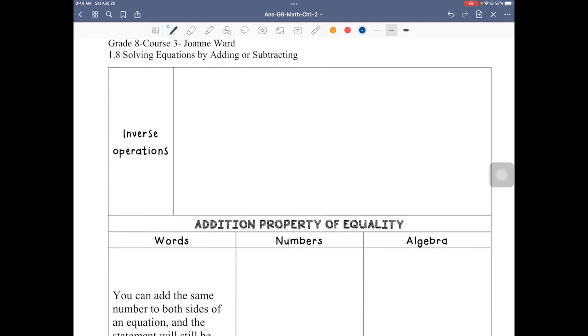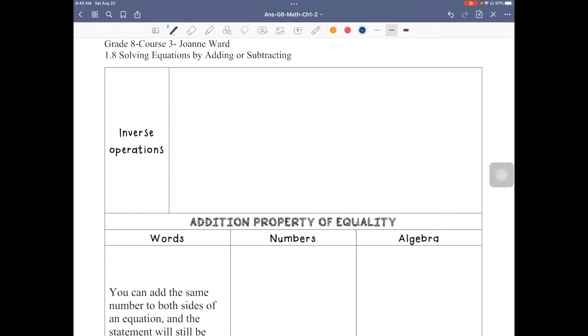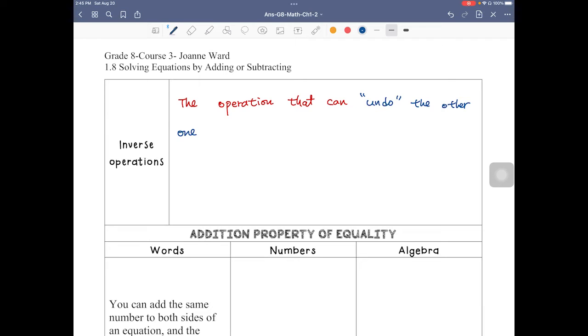Here I want to introduce inverse operations. An inverse operation is the operation that can undo the other one. For example, addition's inverse operation is subtraction.